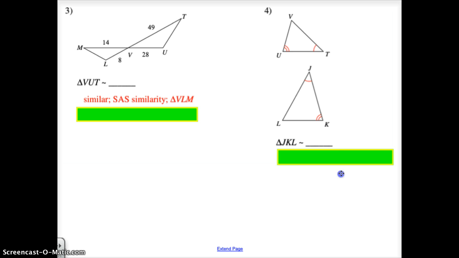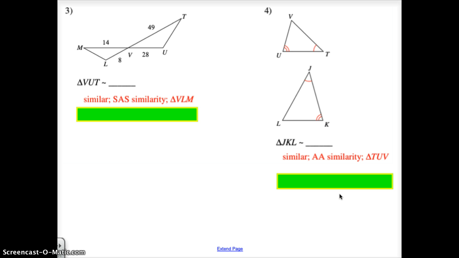Over here, they are similar for angle. We see two angles and we know right away, as long as we name the corresponding angles with the vertices, we are similar. On your worksheet, you can answer questions 1 through 6.